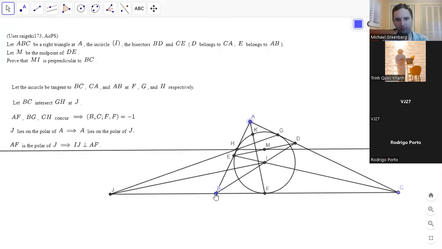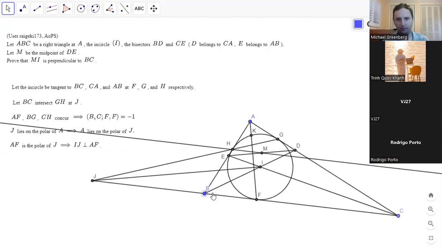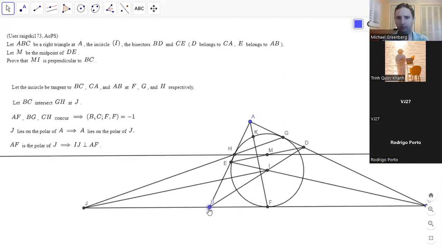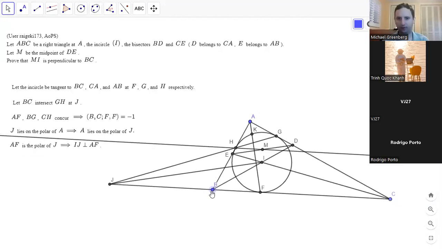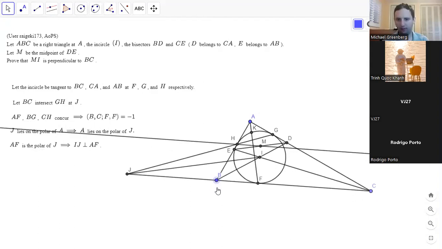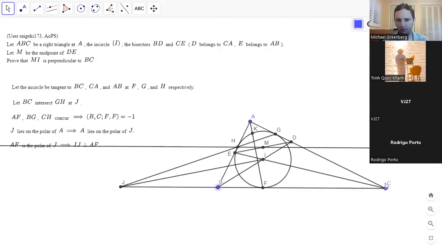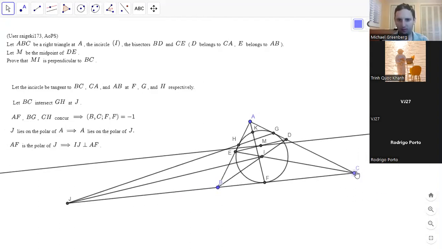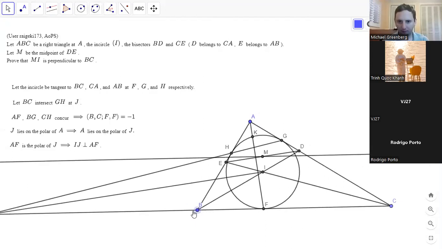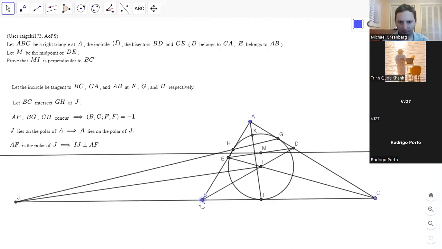Let me see if I can make point H a little farther away. Or I could just get rid of point H, but sorry. Okay, so there we go. So intersect that with AB and AC.